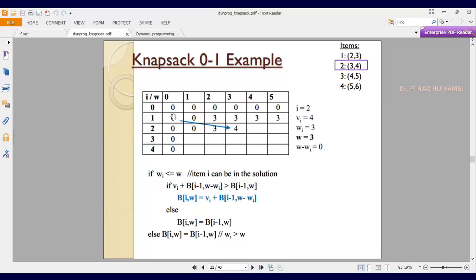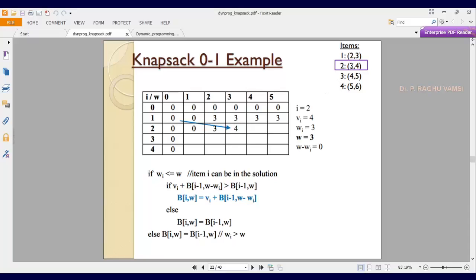So 1 comma 0 is 0. So Vi is 4. 4 plus 0 is greater than B of 1 comma 3, which is 3. So 4 is greater than 3. So whatever the value 4 you get, that is the benefit that you directly place here.